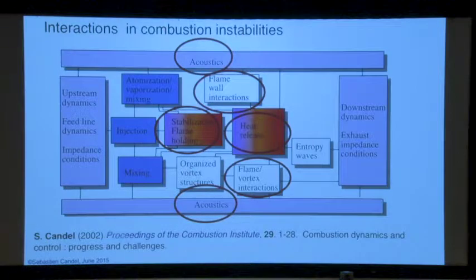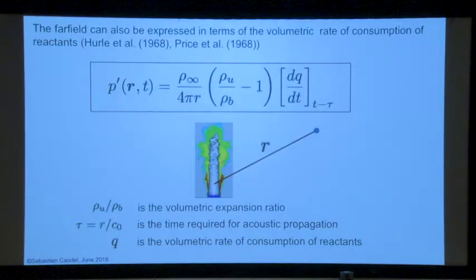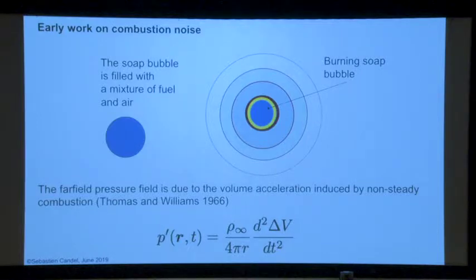Now, what is the early work? The problem of noise generation by flames has been studied in early studies. One of the early experiments is quite beautiful. You make a soap bubble and fill it with a mixture of fuel and air. Then you ignite it and observe the sound radiation by this bubble.